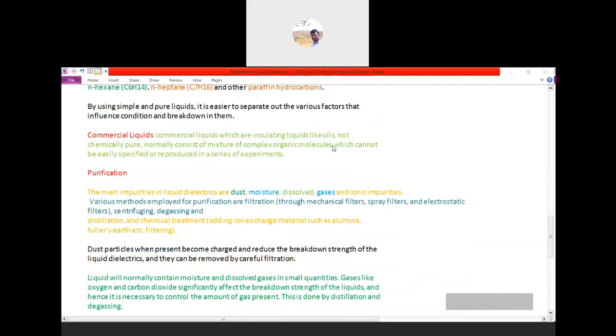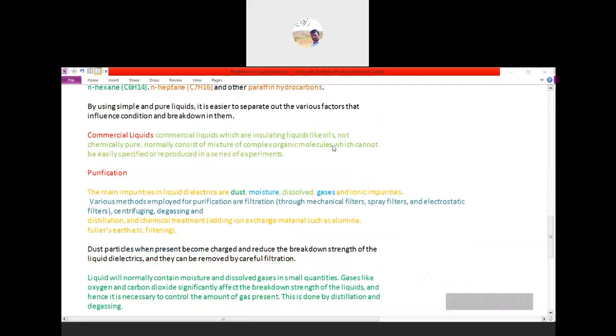They normally consist of a mixture of complex organic molecules, which cannot be easily specified or reproduced in a series of experiments.